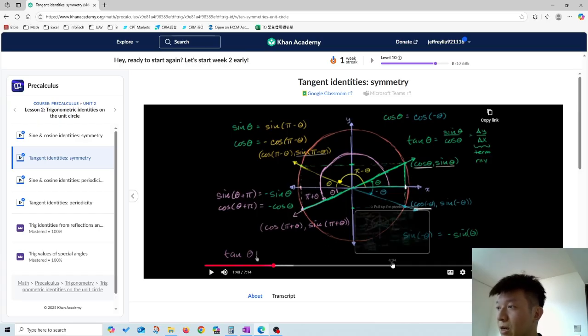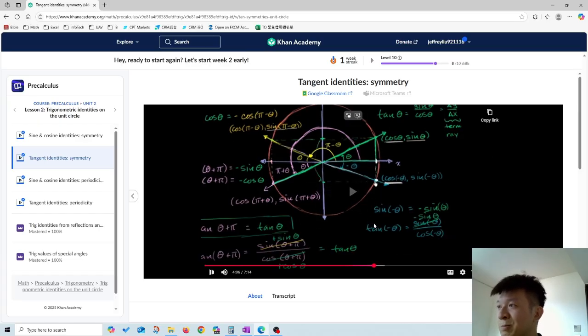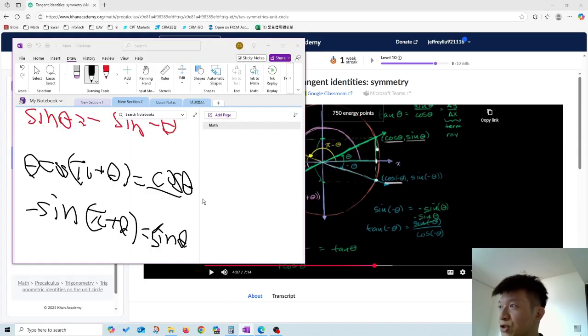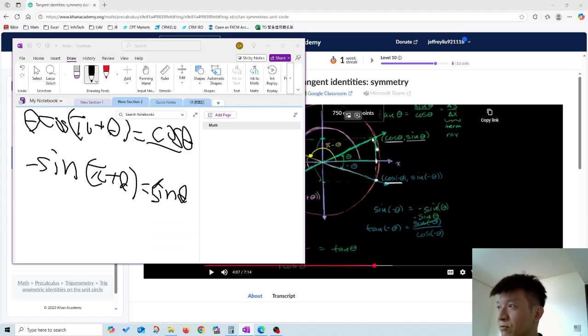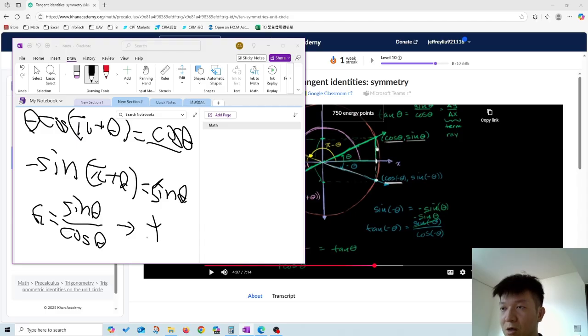Let's go over here. Negative theta is this. Let's compare to the blue point first, the negative theta. The tangent of the green point is sine theta divided by cosine theta, right? That's a green point. I'll write a G right here.